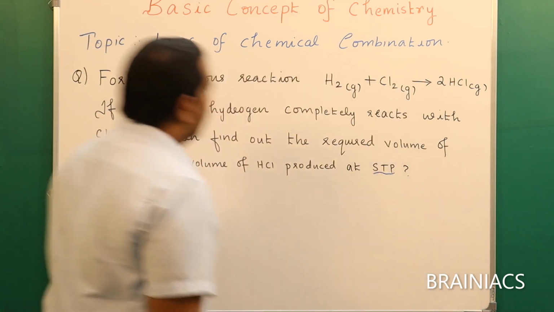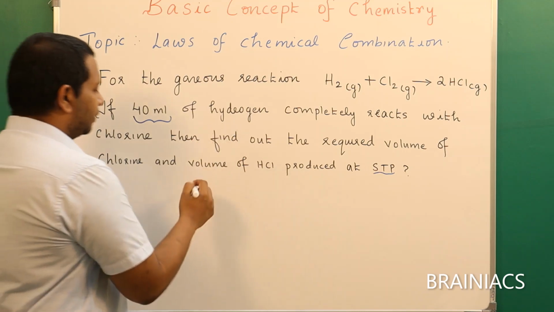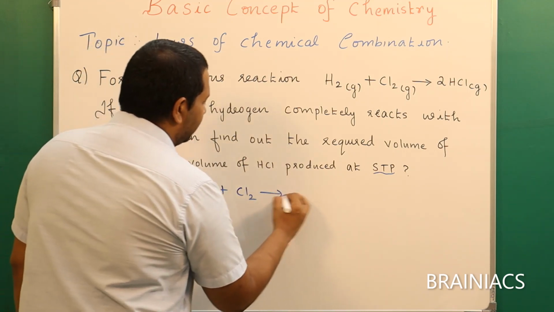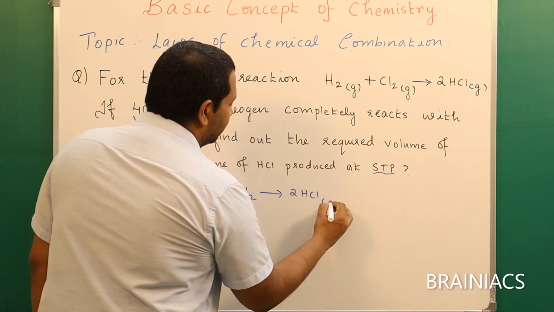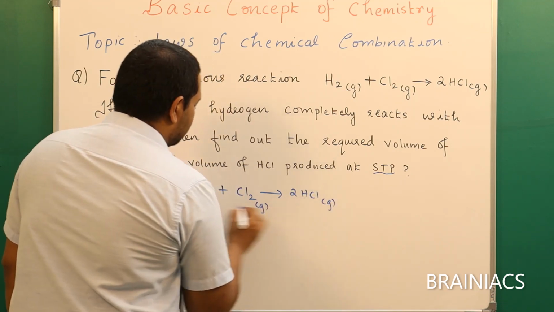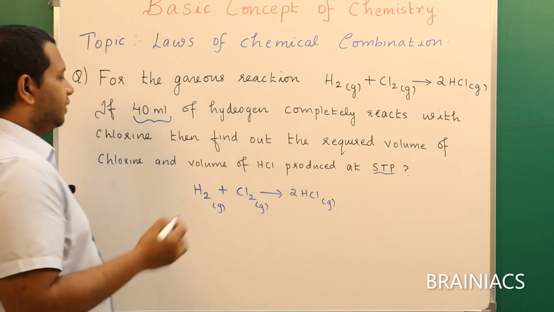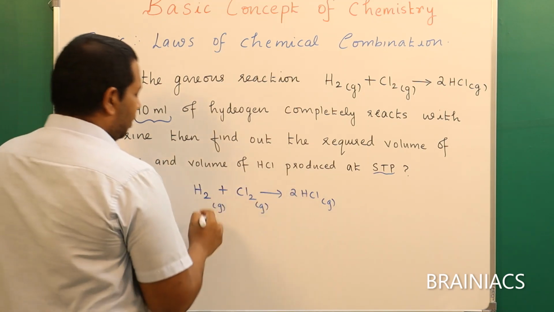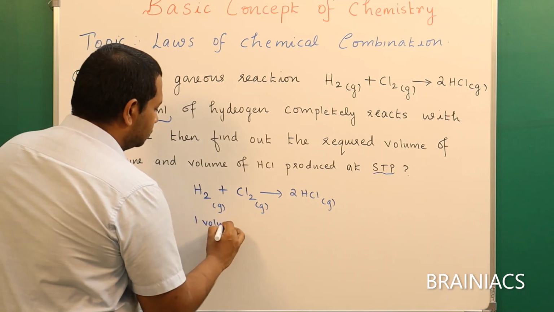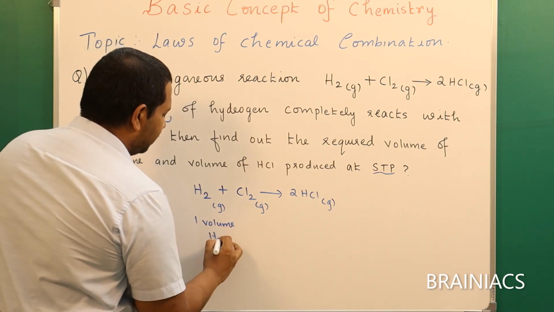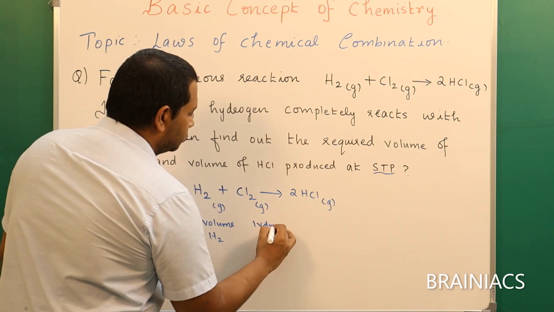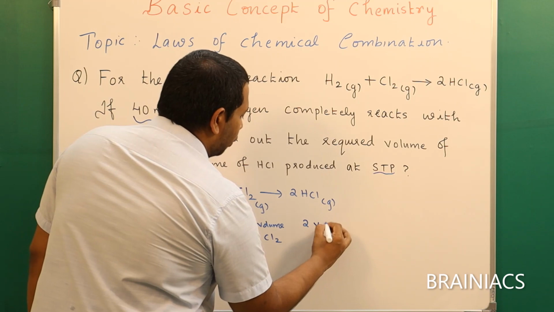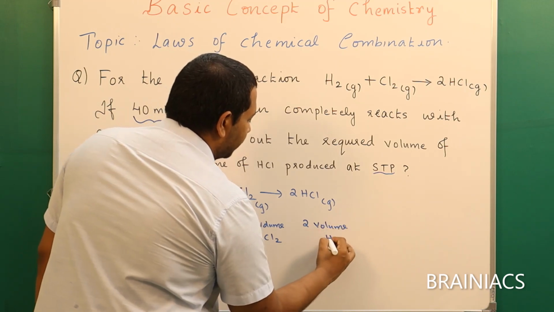Okay, so as per Gay-Lussac's law, how can we get the answer? H2 plus Cl2 giving 2HCl, all these things are in gas. So as per Gay-Lussac's law, I can directly write: 1 volume of hydrogen needs 1 volume of chlorine to produce 2 volumes of HCl.